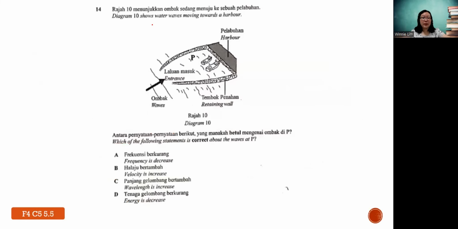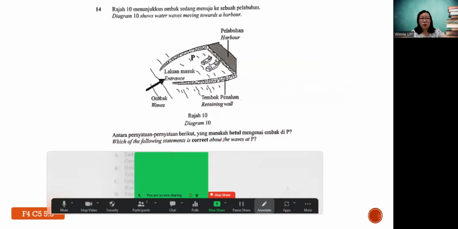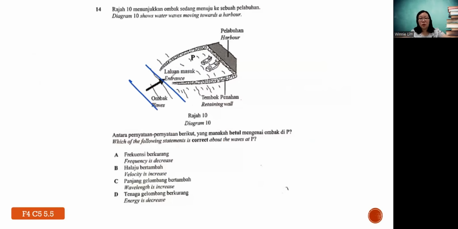Okay, move on. These questions are on diffraction. Diagram 10 shows water wave moving toward a harbor. Which of the following statements is correct about the wave at P? So what happens when the wave moves in or passes through a gap? By right, when it passes through a gap, it will spread.